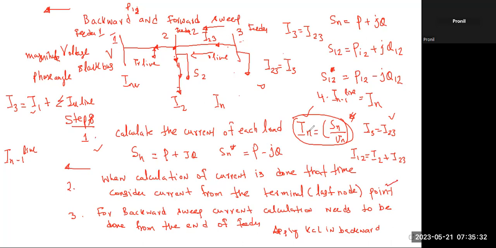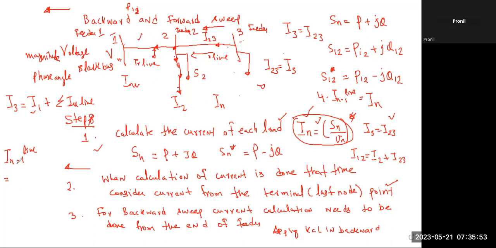In the first step, you calculate the current here itself. IN would be this value. In the second step, you have to do it backwardly, in a backward motion, and this backward current would be equal to this current IN plus this current.